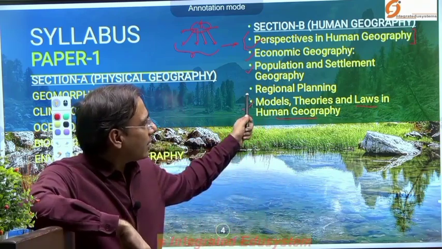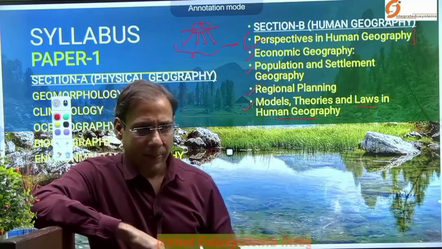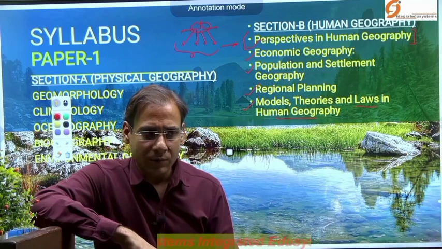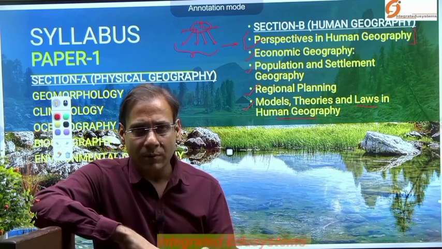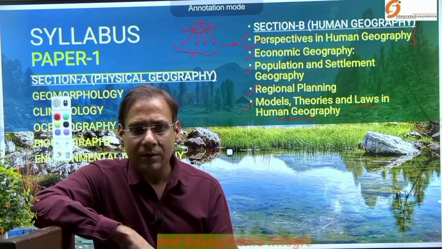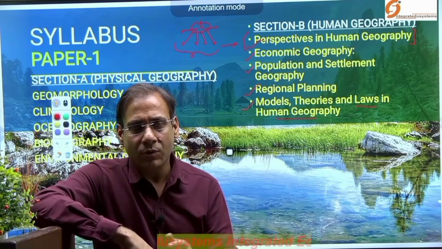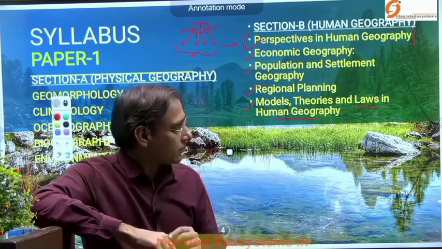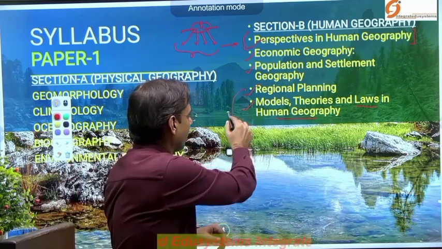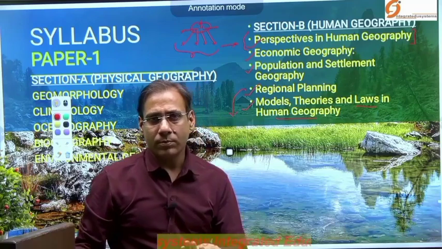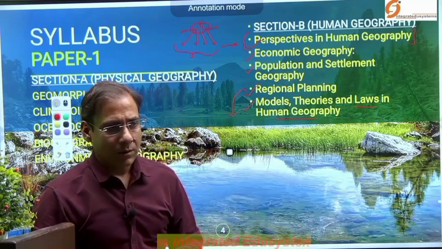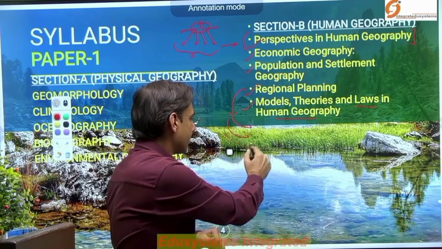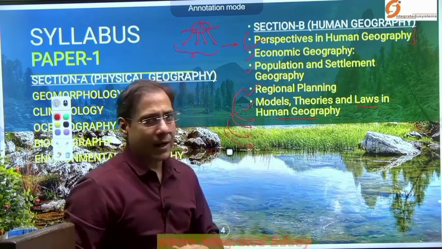Apart from that, another unit is regional planning. Now when you become an officer, an IAS or IPS or whatever it be, planning becomes part and parcel of your life. When you enter the job, we don't know, depending on your ranking you will get the cadre.